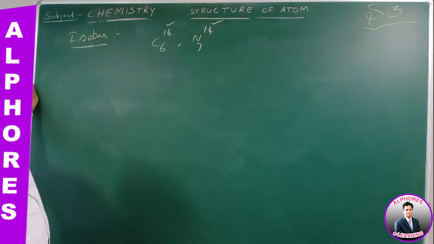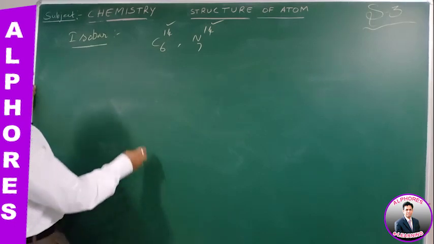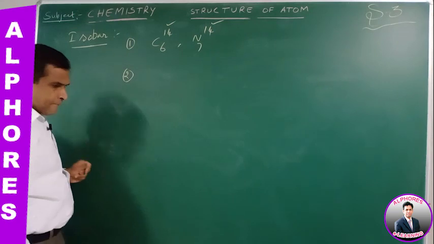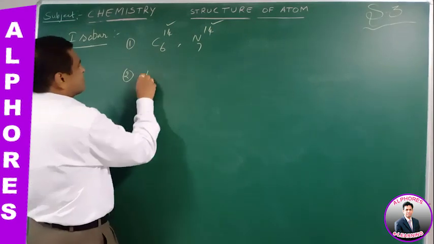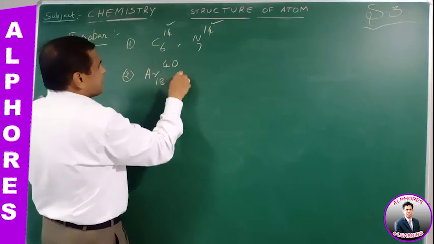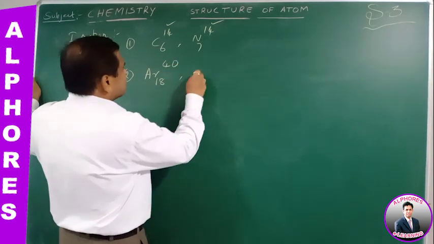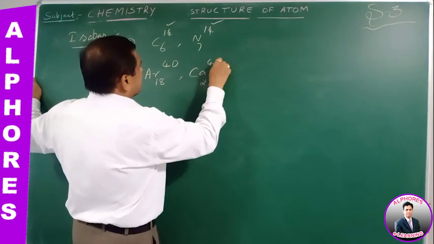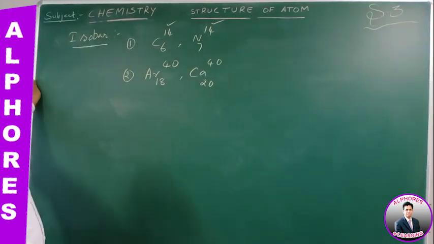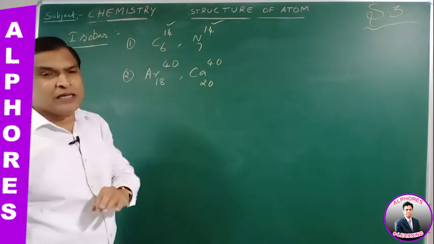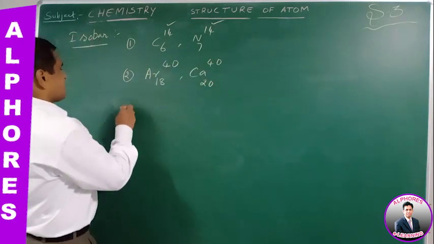Some other examples of isobars. Example 2 can be argon, atomic number 18, mass number 40, and another element calcium, atomic number 20 and mass number 40. Argon-40 and calcium-40 are also considered as isobars.